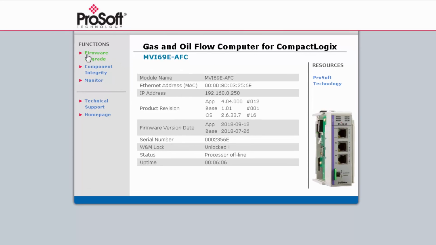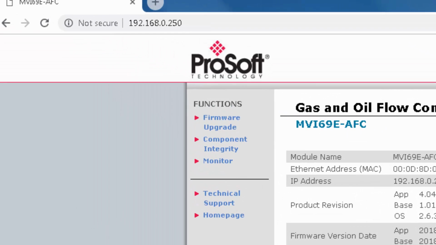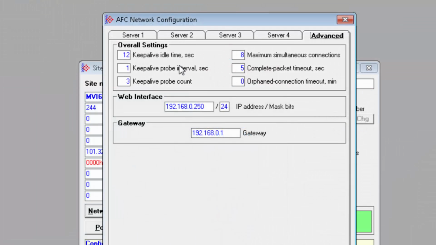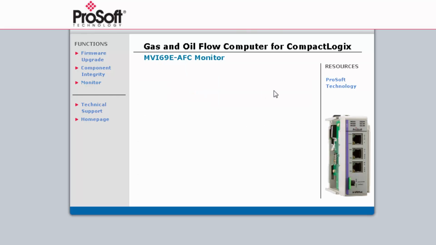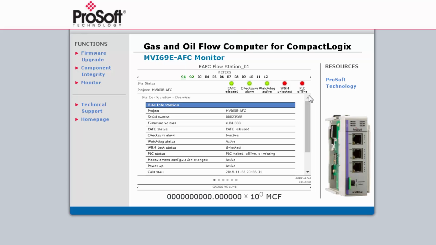Typically, this is used to update firmware and view general module information. It's accessible through any web browser just by typing in the module's web address. A new feature allows you to monitor what's going on inside the module. You would just click the monitor link on the left, and you will have information on each of the 12 available meters.